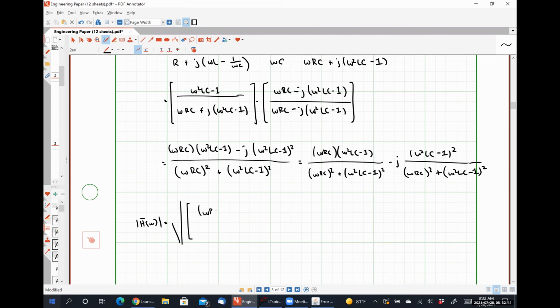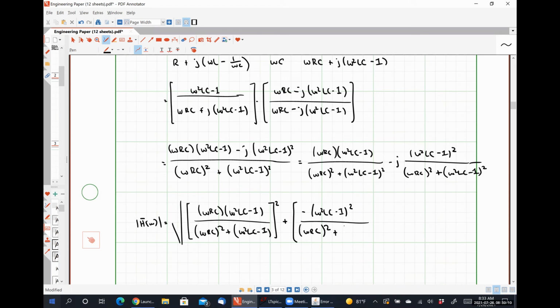So we'll have omega RC over omega RC squared plus omega squared LC minus 1 quantity squared, plus negative omega squared LC minus 1 squared over omega RC squared plus omega squared LC minus 1 squared.